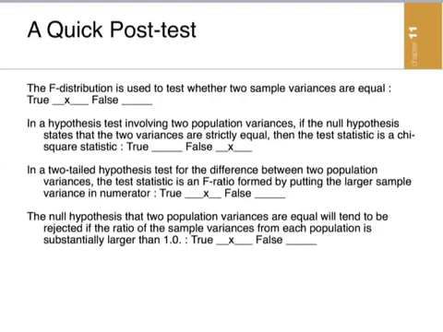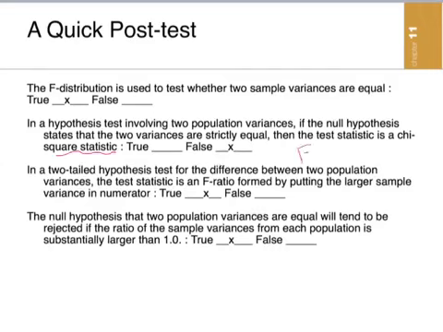So now here's a chance for you to go back to those questions. The F distribution is used to test whether two sample variances are equal, and the answer is true. In a hypothesis test involving two population variances, if the null hypothesis states that the two variances are strictly equal, then the test statistic is a chi-squared statistic. That's false. It is still an F statistic.